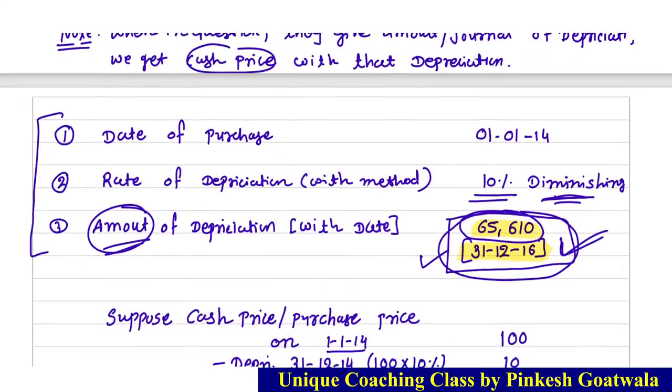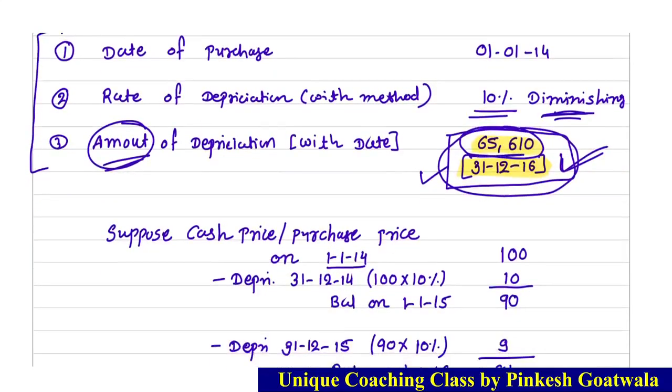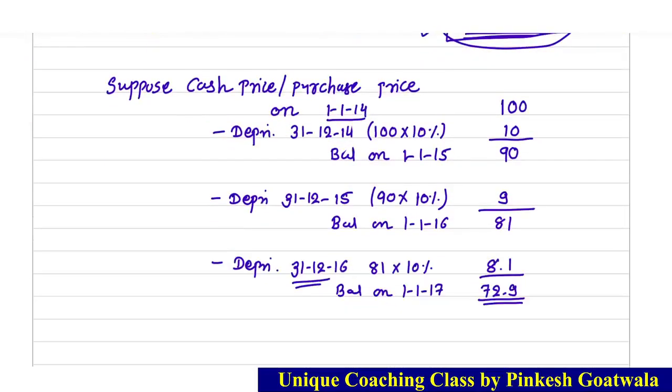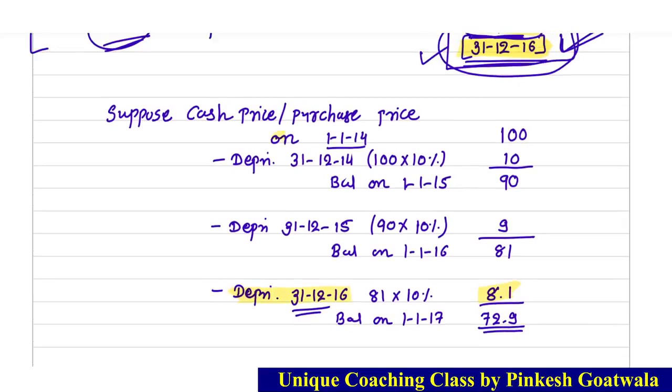How? Very simple. Here we have a depreciation of 65,610 on 31st December 16. As per our calculation, on 31st December 2016 the depreciation amounts to 8.1, and in that case the cash price is 100.